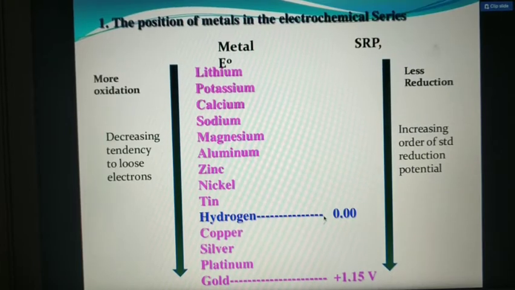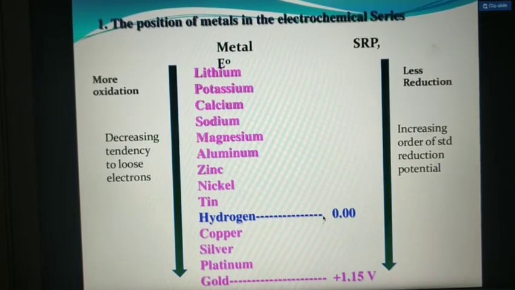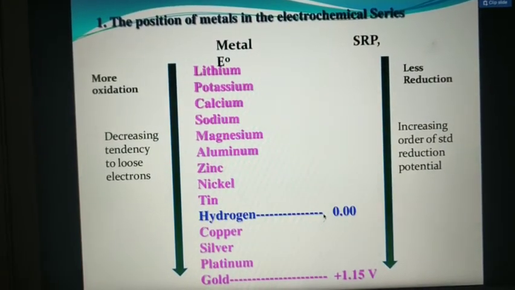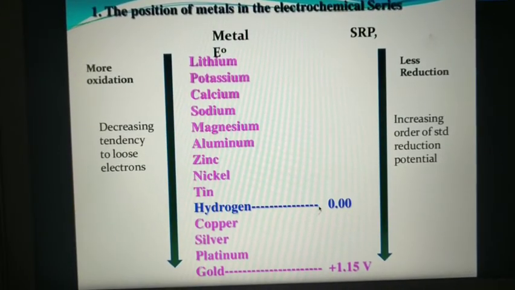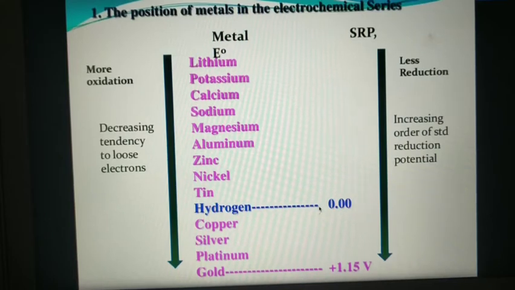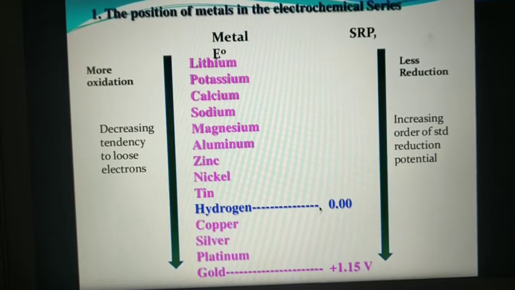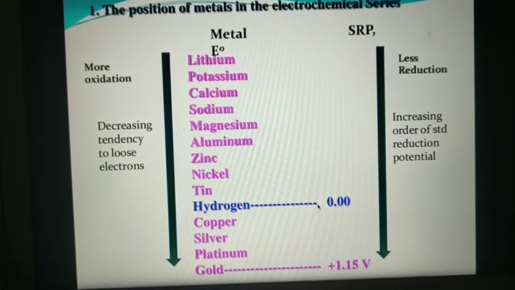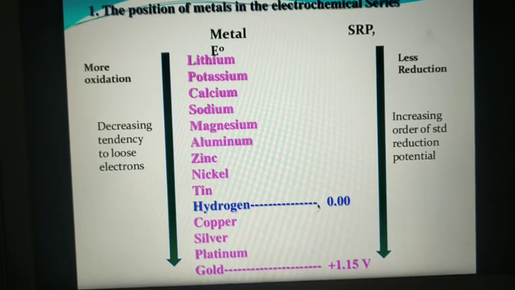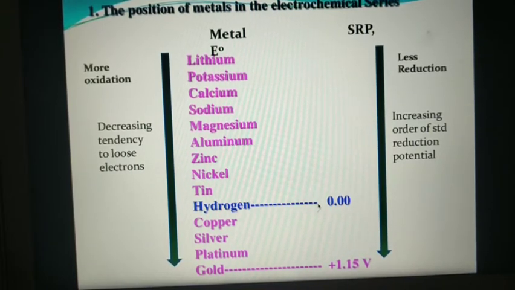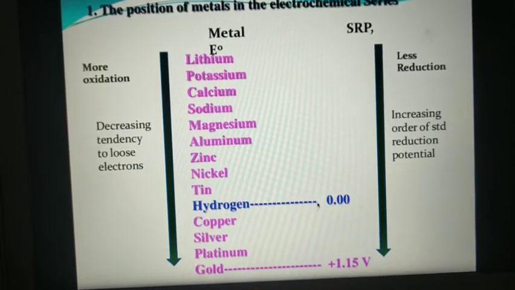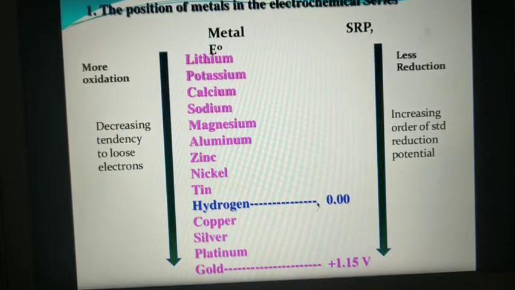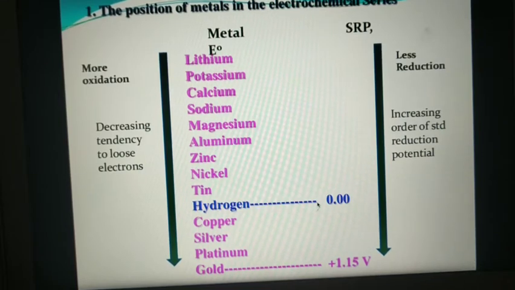It means the metals which we have placed above are more electropositive in nature. The metals which are placed on the top of this series are more reactive. Therefore, more electropositive metals get corroded faster.